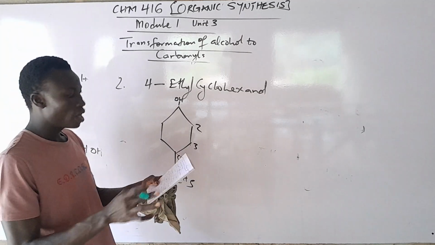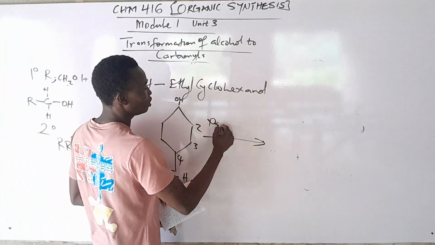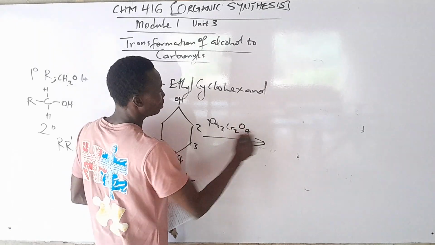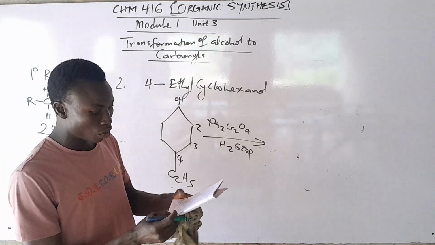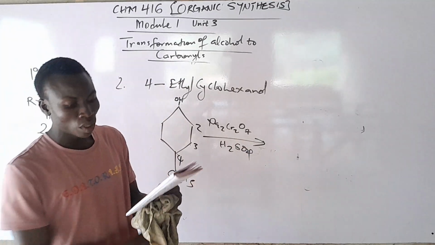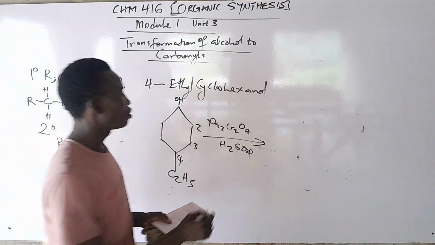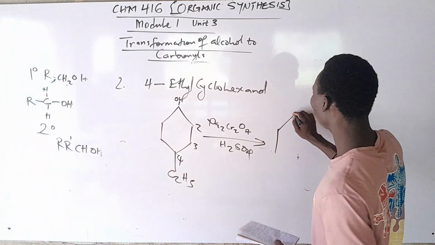Now, this compound, in the presence of Na2Cr2O7 using H2SO4, the product that is going to form will be 4-ethyl cyclohexanone. Take note of that. So we are going to have this.